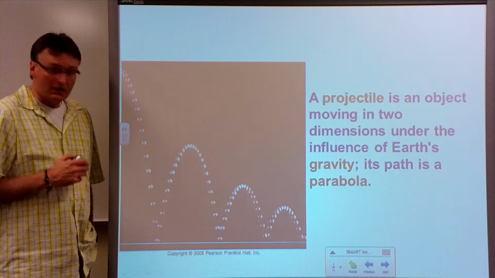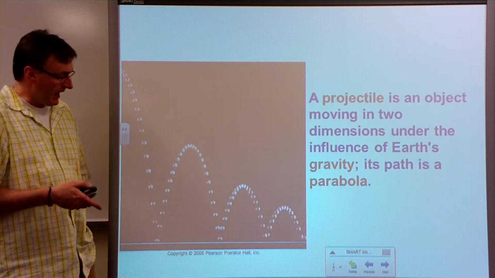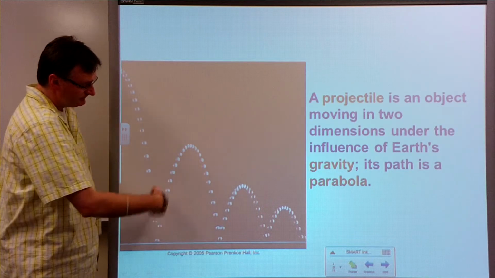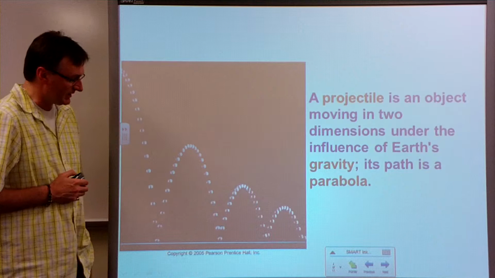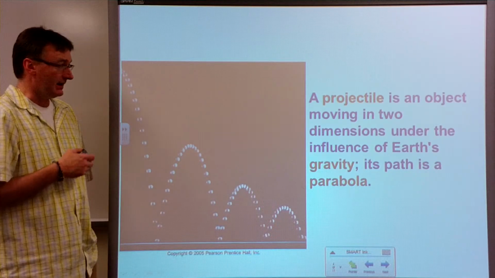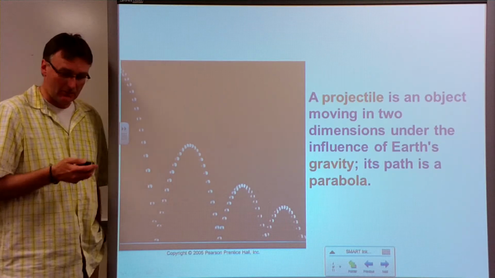You probably have come across this in math already, equations of parabolas. The trajectory of these objects, of projectiles, you would recognize as an equation for a parabola, and that is indeed what it is.